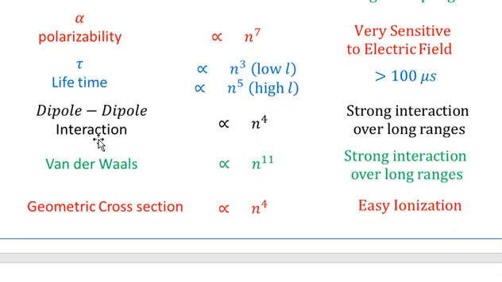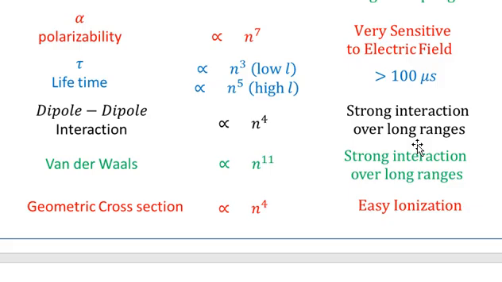Now the dipole-dipole interaction is proportional to n to the power 4. Again, you see that this dipole-dipole interaction would be very significant because it goes with the power 4 of the principal quantum number. So strong interactions over long ranges.